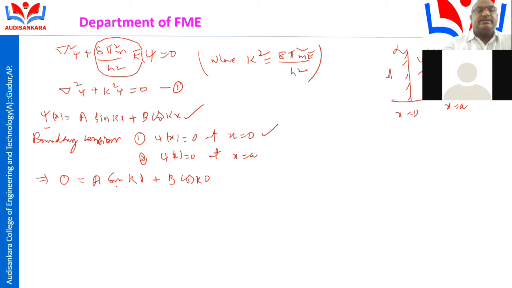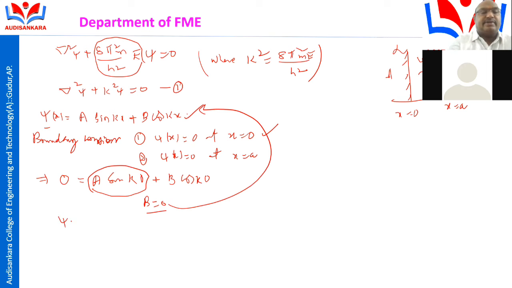Sin 0 is 0, so that term is 0, and cos 0 is 1, that means b is equal to 0, isn't it? Substituting b is equal to 0 in the equation, psi of x is equal to a sin kx, the b term being 0. So this is equation 1, this is equation 2.